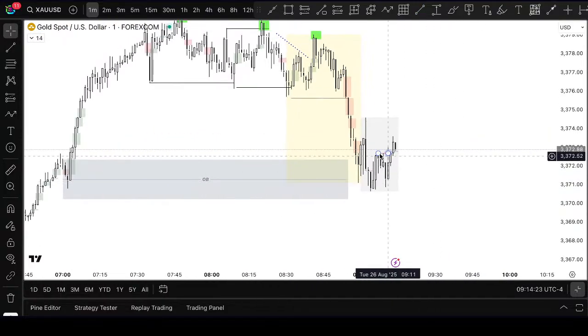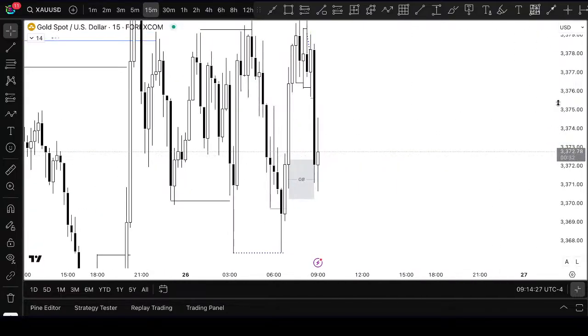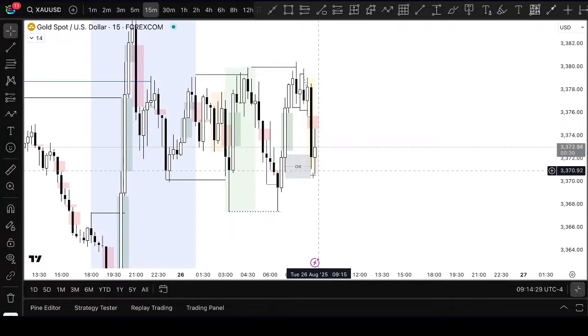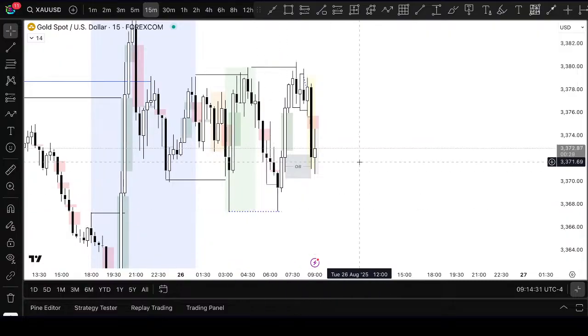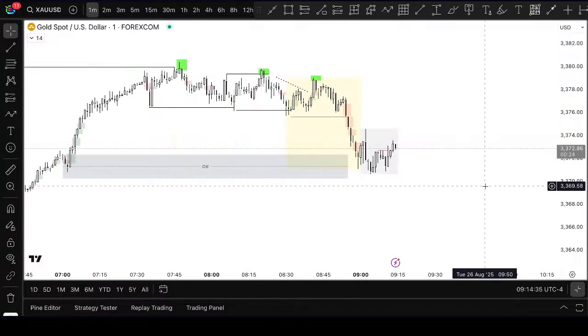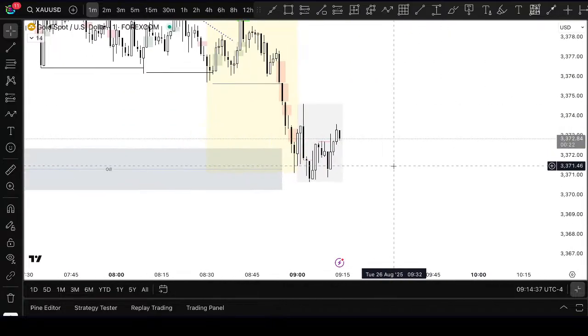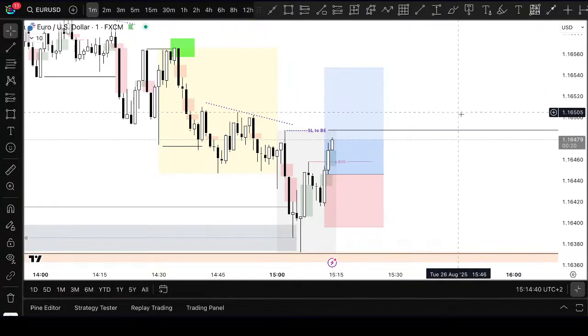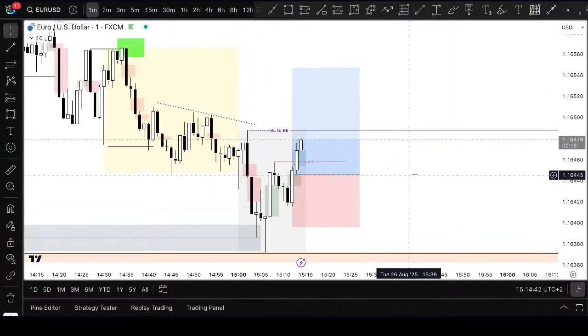Now my question is, do I need to go long in the gold? I'm not sure because it has been consolidating. There is an equal low down here, and the movement is so strong that if I take it, that may be a mistake. So I do not want to do that. But here, this is a different story.